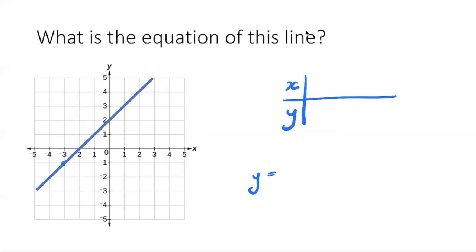Okay, so if we put some of the coordinates onto our grid, if x is minus 3, then y is minus 1. If x is minus 2, then y is 0. If x is minus 1, then y is 1. And let's do a few more here. If x is 0, then y is 2.